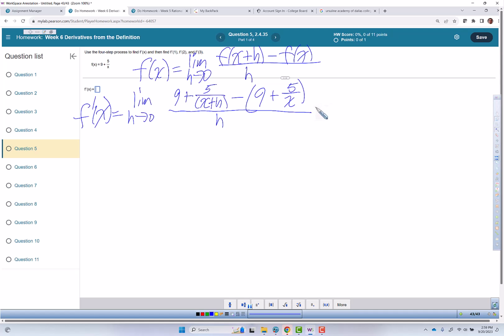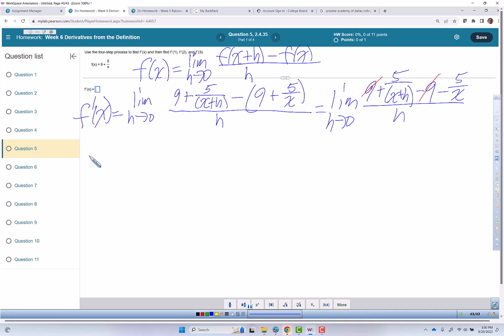So I'm going to take the step of distributing the negative through. So the limit as h approaches 0 of 9 plus 5 over x plus h minus 9 minus 5 over x all over h. Well, 9 minus 9 is 0, so we've done a little bit of simplification there.